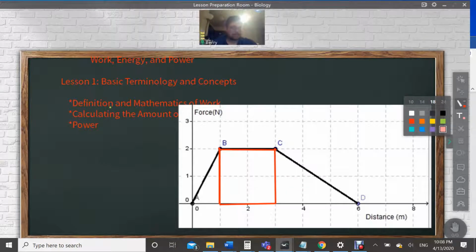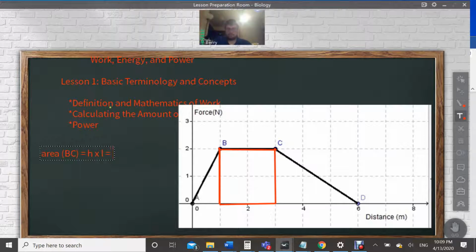So if we were to want to know the work from B to C, what we would need to find is the area from B to C. And to find that, it's just going to be the height times the length.